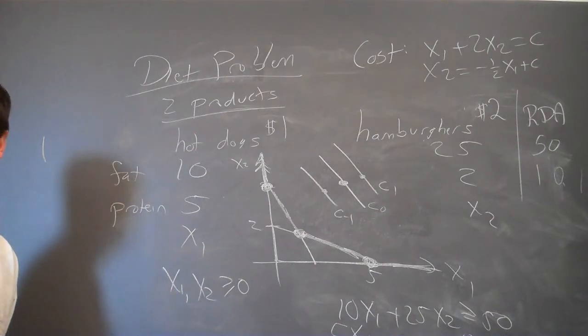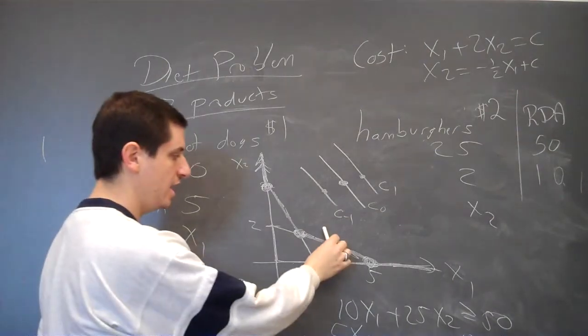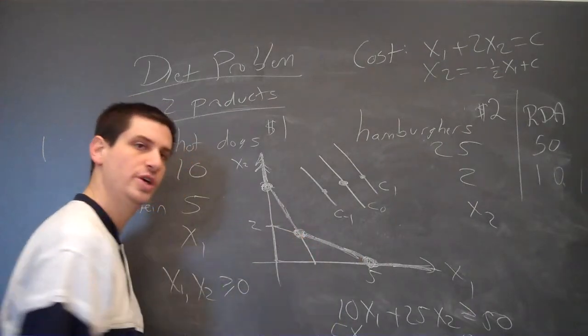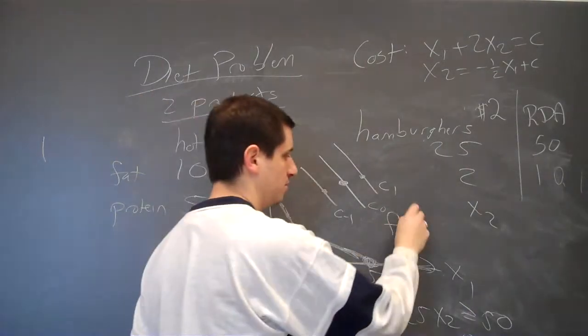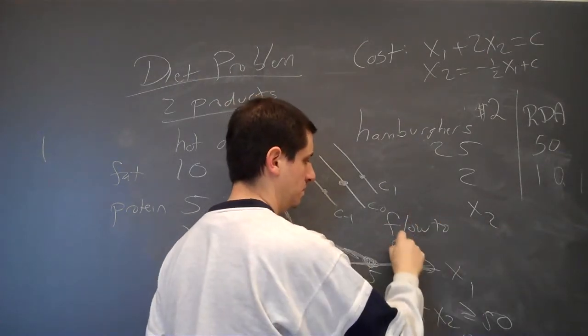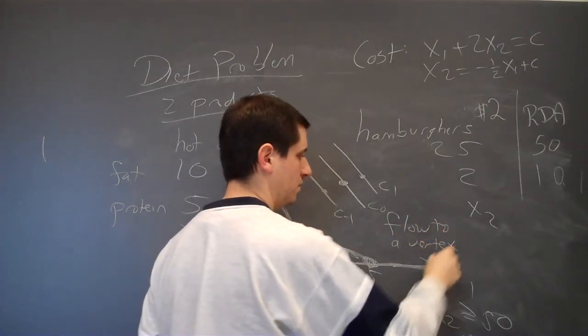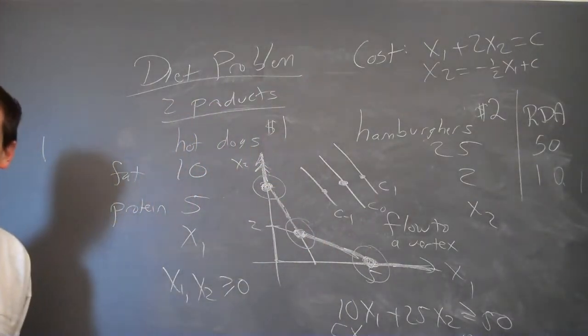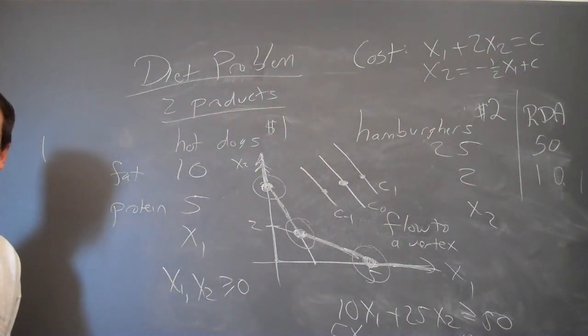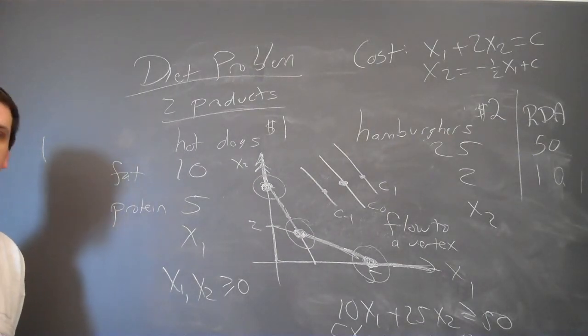If you hit it at an angle, again, you just keep flowing until you hit a vertex. So no matter what, you always flow to a vertex. So there's really only 3 places to check. Absolutely amazing. Only 3 diets are really under consideration.